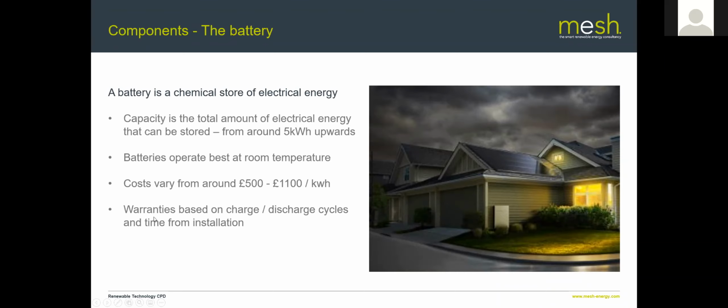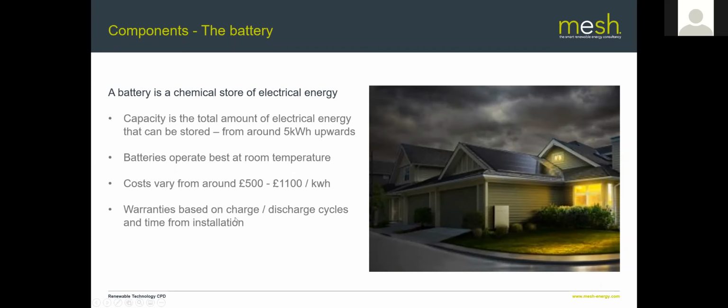Warranties are typically based on the number of charge and discharge cycles, and that will be connected to the depth of discharge as well. And also some are just based purely on the time from installation. They just say, well, we know roughly what the typical number of charge and discharges is, so we'll just do a straight easy time warranty.